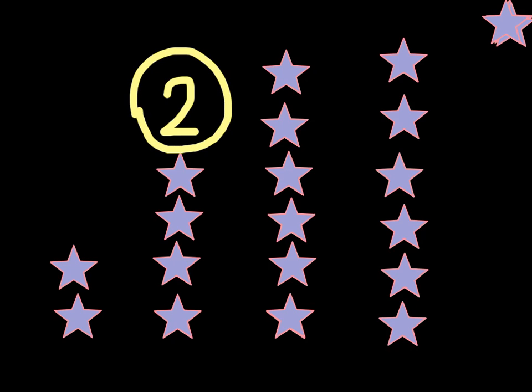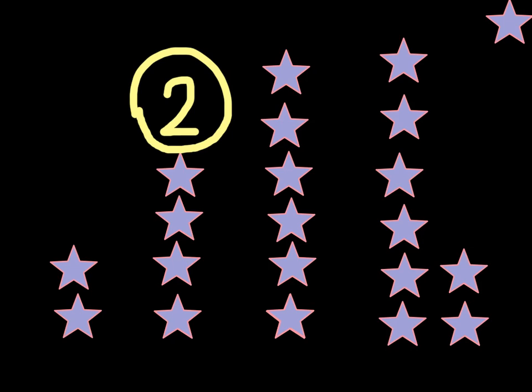I'm adding 2 stars each time. So let's do it. Let's add 2 stars. So I have 6, 7, 8. I have added 2 more stars to make 8. 1, 2, 3, 4, 5, 6, 7, 8.